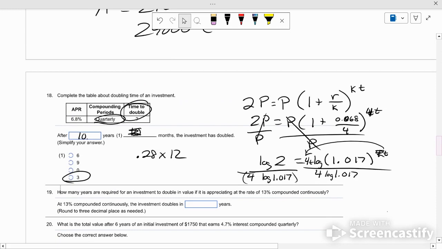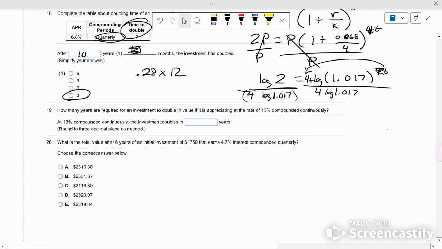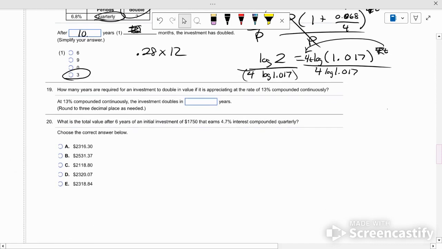But if it's over 3, then it should be 10 years and 6 months. So maybe rounding was off just a little bit. But the answer, according to them, is 10 years, 3 months.